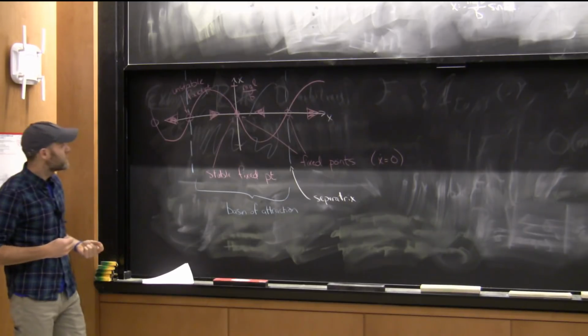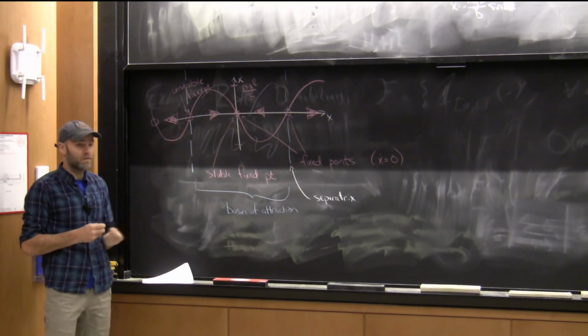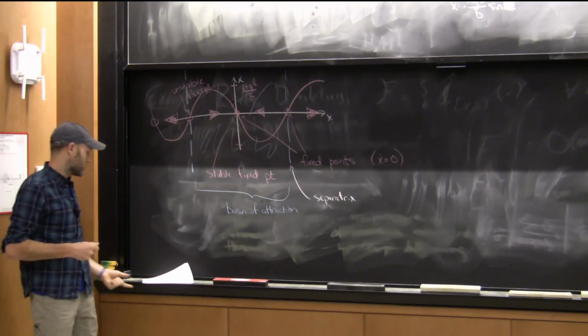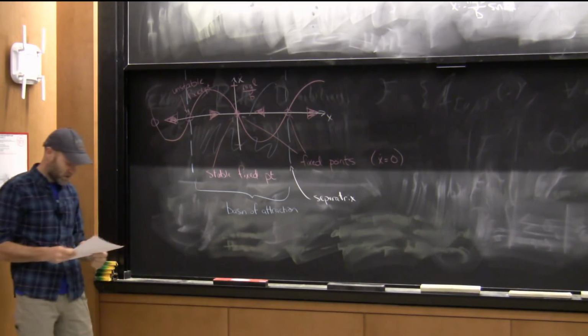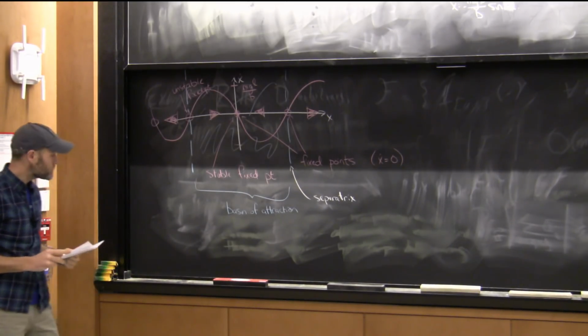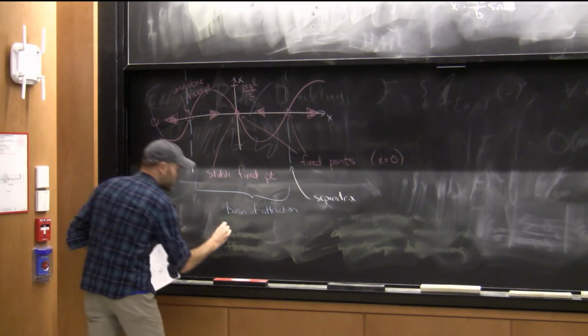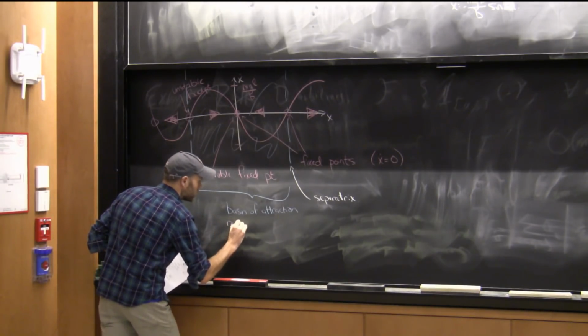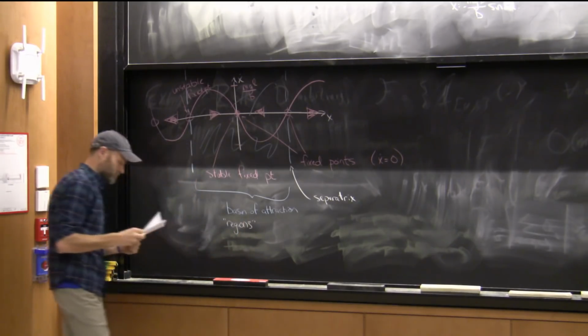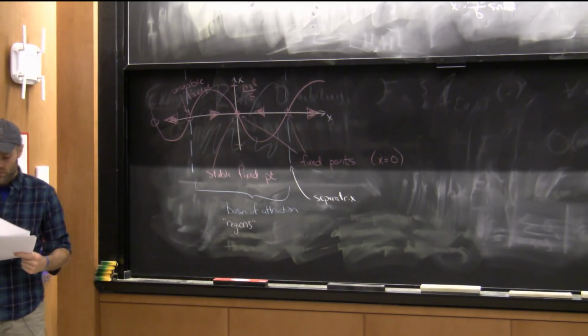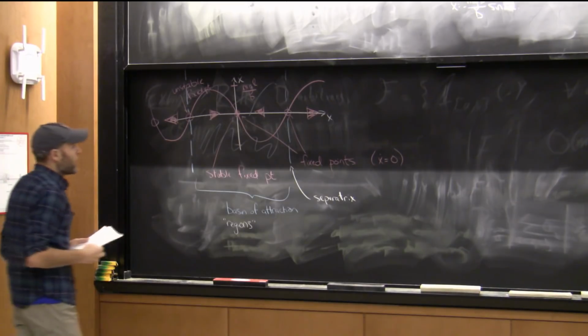Okay? So it's super easy to draw on this, but it's a concept that's going to give us a lot of power even in the more complicated systems. Sometimes these are also called regions of attraction.